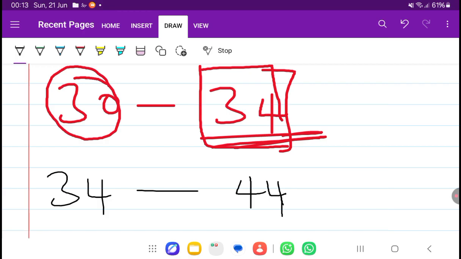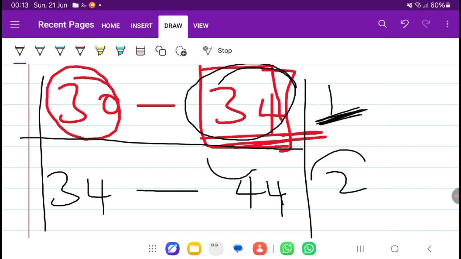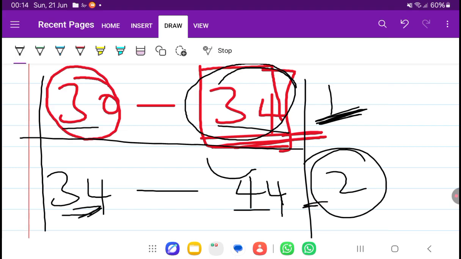The implication is that in this class 1, if this is the first class, this one is 1, this is 2, this upper limit of 34 is not included in this first class, but it is included in this second class. Because the class is 30 to 34, then the next class starts with 34 to 44. It means this 34 in the first class is not inclusive there.